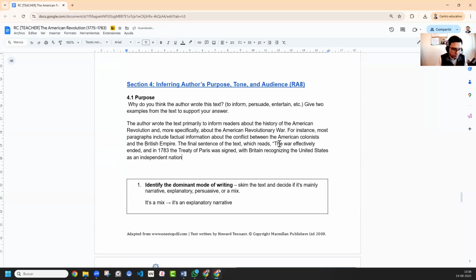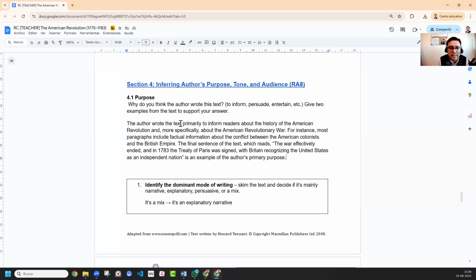Okay, we're going to remove that period and we're going to add here that this is an example of the author's primary purpose. Okay, so why do you think the author wrote this text? Give two examples from the text to support your answer.